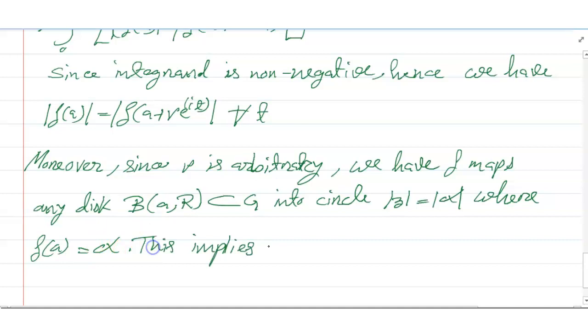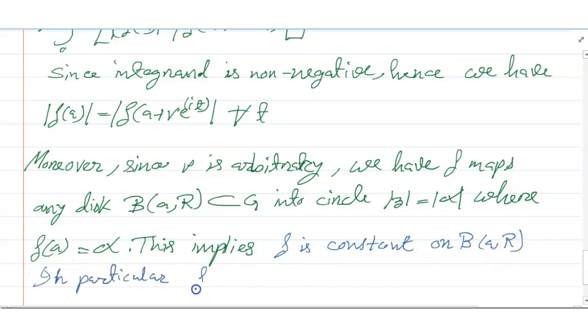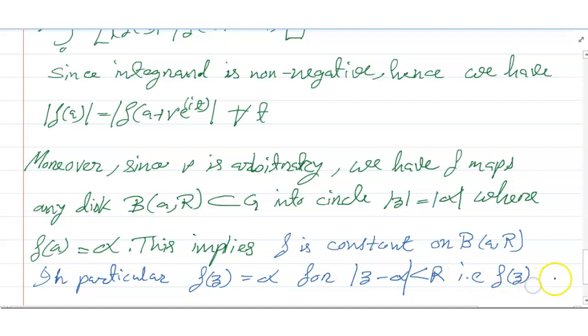This implies that f is constant on B(a, R). In particular, f(z) equals α for mod of z minus a less than R, that is, f(z) equals a constant.